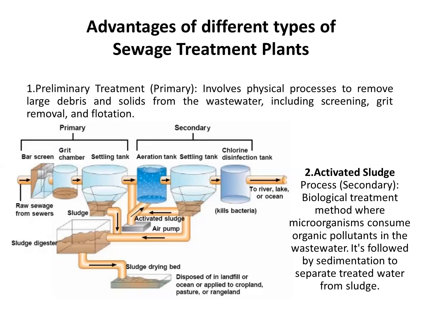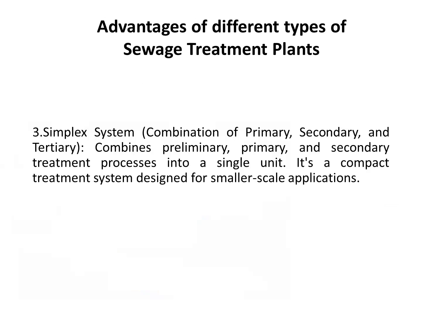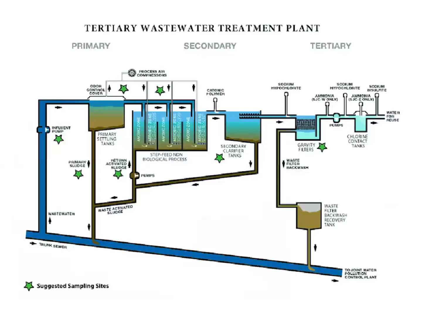It is followed by sedimentation to separate the treated water. Of course, the simplex system is the combination of the primary, secondary, and tertiary systems. It combines preliminary and primary and secondary treatment processes in a single unit. It's a compact treatment system designed for small scale applications.